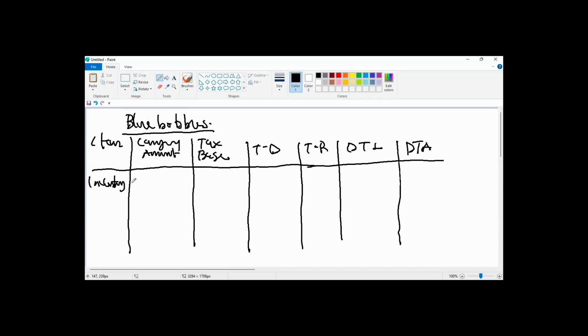Inventory is stated in the financial statement at the lower of cost and net realizable value. The company wrote down the inventory by 120 to a net realizable value of 130.